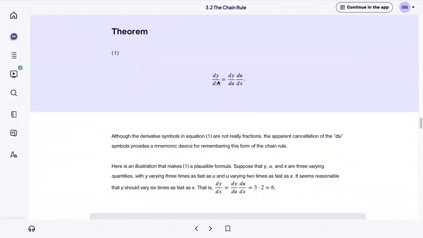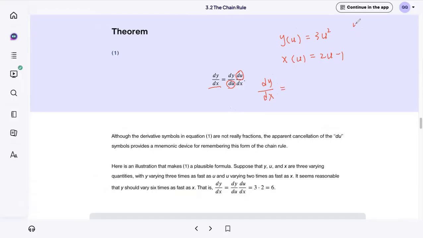Another kind of notation is this. This is saying dy dx. We want to find the rate of change in terms of y and x. We may go through some middle variable, u, which means y can be defined in terms of u, let's say 3u squared. And x is defined in terms of u, maybe 2u minus 1, stuff like that. So there's a middle variable. Then we can find the rate of change of dy in terms of dx going through this.